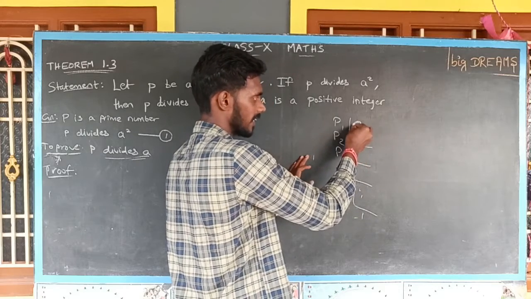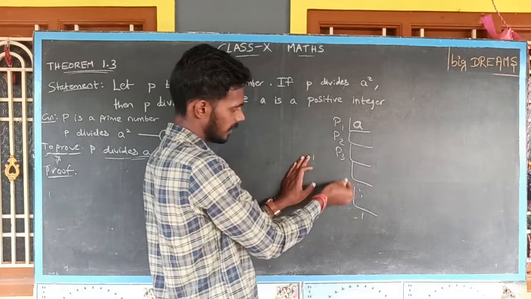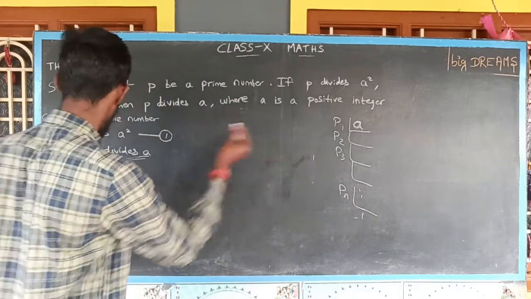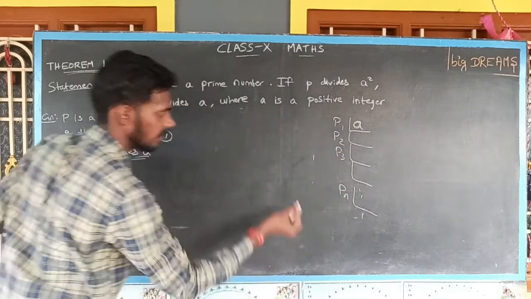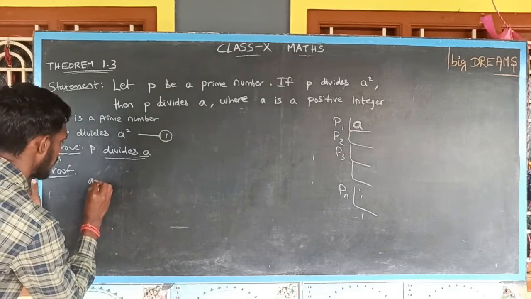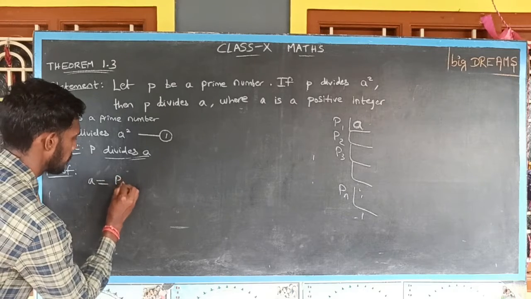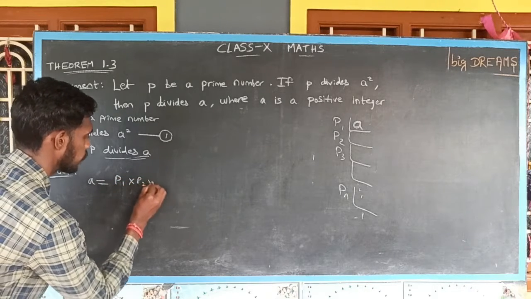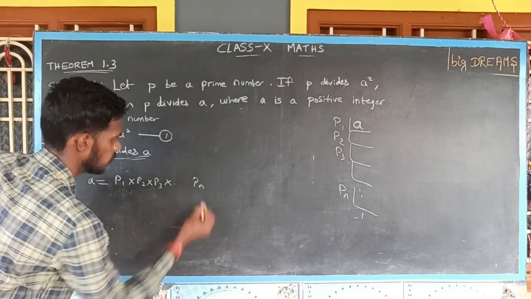I am getting these factors P1, P2, P3 up to Pn, where P1, P2, P3 up to Pn are prime factors of the number A. So A can be represented as P1 into P2 into P3 into, like that, up to Pn.